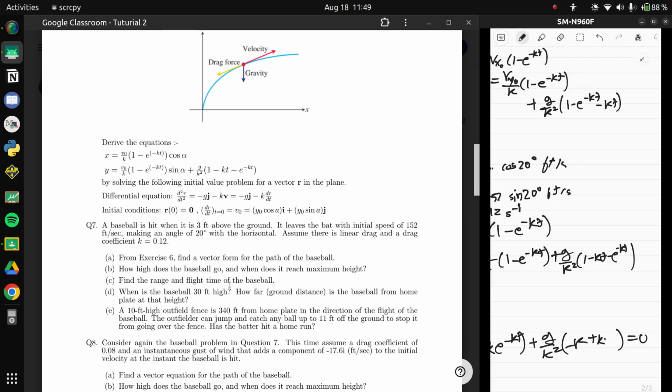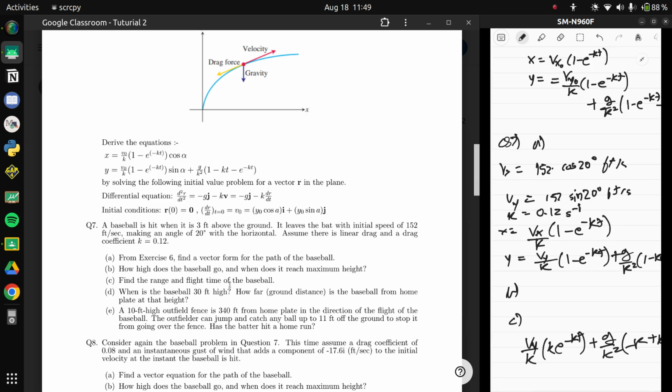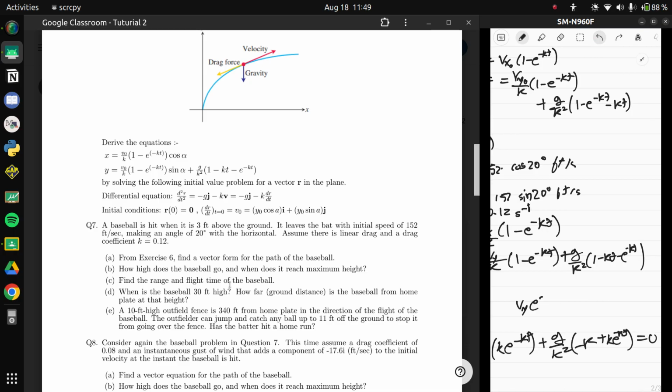So just plus e power negative kt, right? What does this give us? So it's something like Vy e power negative kt minus g upon k. Yeah, I guess that's okay. Plus g upon k e power negative kt, this thing has to be equal to 0.